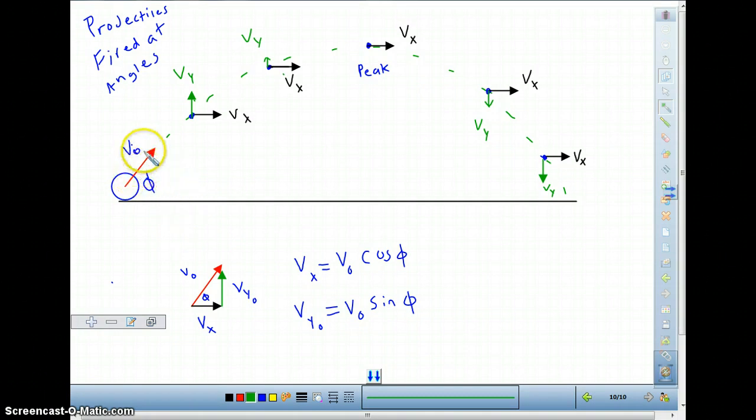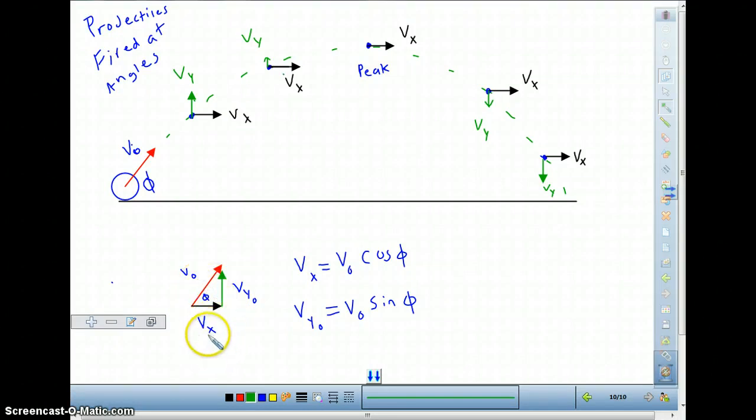So we're going to pull out this vector and break it up into vector components using just some very basic trig. Anything fired at an angle is both pushed horizontally and vertically at the same moment. So we could figure out individually what those two pieces are that make up this resulting initial velocity at angle phi.